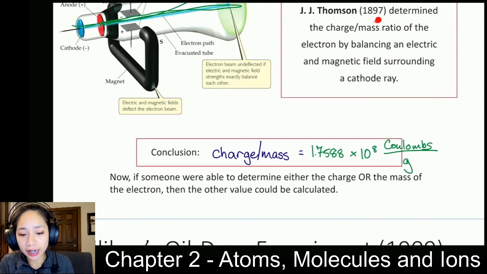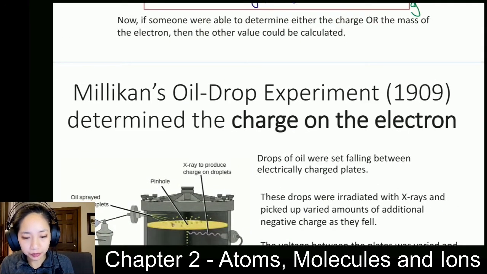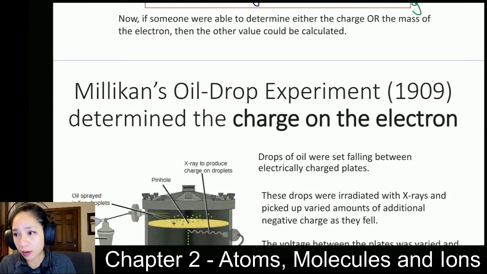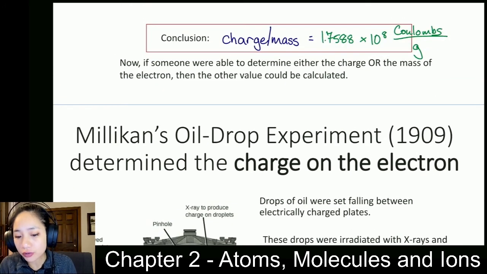A little bit later, about 12 years later, Millikan's oil drop experiment came about. His experiment determined the charge of the electron. So if we know the charge of the electron, we can use the charge to mass ratio and dimensional analysis to determine the mass of an electron.